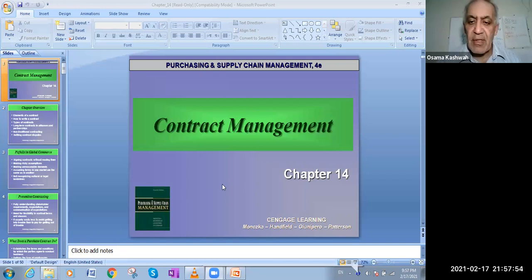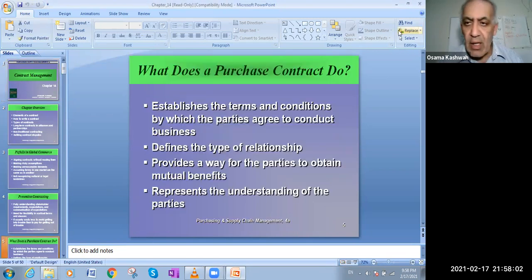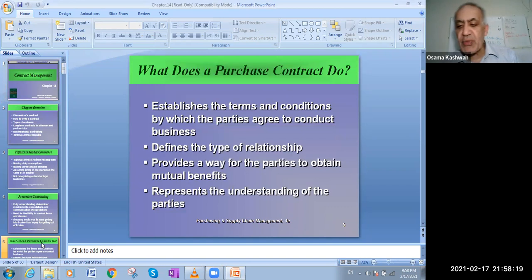On chapter 14, I will go to slide number 5, which tells me actually: what does a purchase contract do? This chapter is about contract management. So we'll talk about the contracts now. What does a purchase contract do?